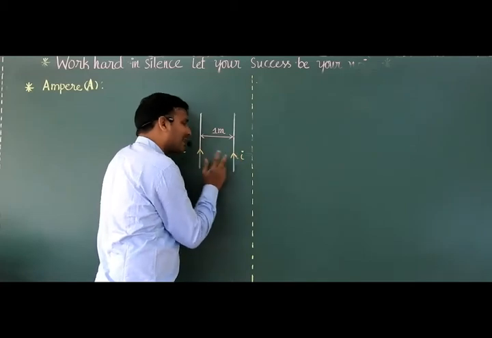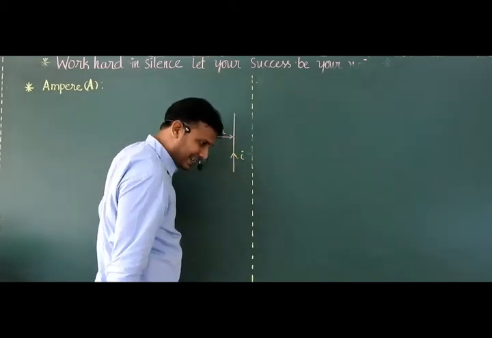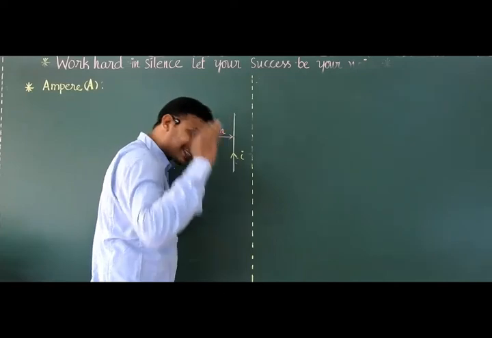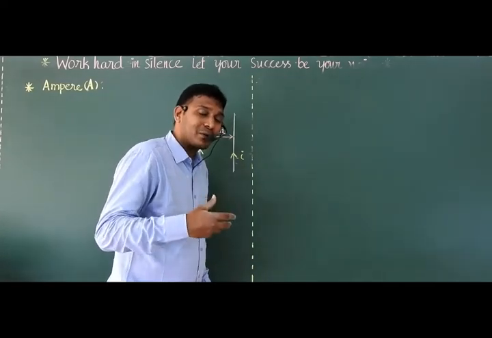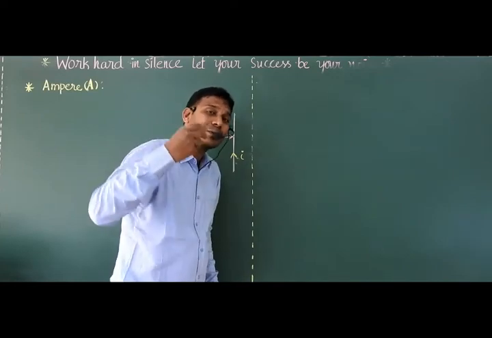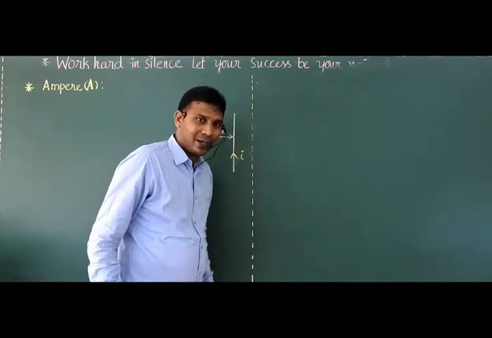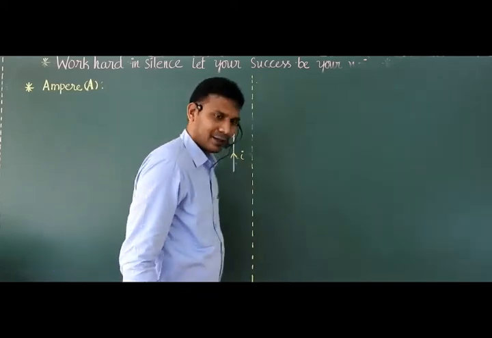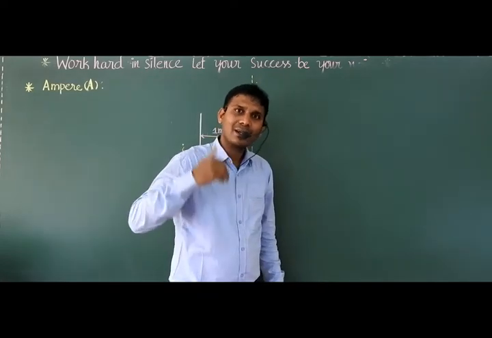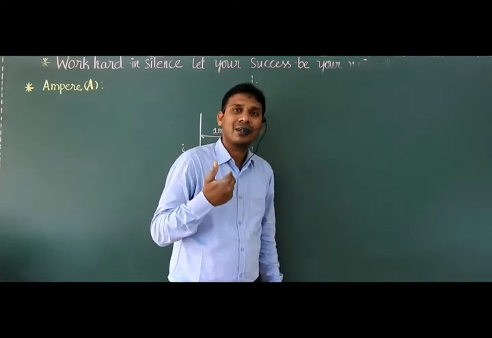When both the conductors carry the current I, there will be a force produced between the two conductors. Now again I am increasing the current. The force between the two conductors also changes.